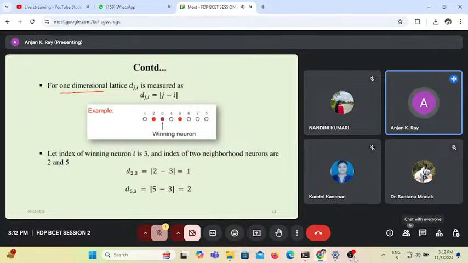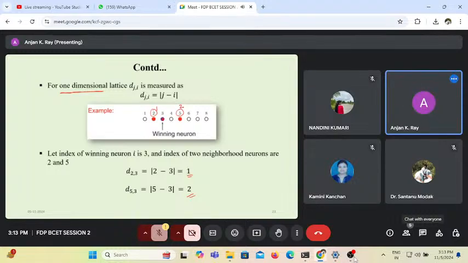So the other distance from this winner neuron for this case would be 1 for neuron 2, and 2 for neuron 5. For neuron 2, the distance is 1. For neuron 5, the distance is 2, as calculated here. Similarly, we can get the structural distance from the winning neuron for this one-dimensional case.